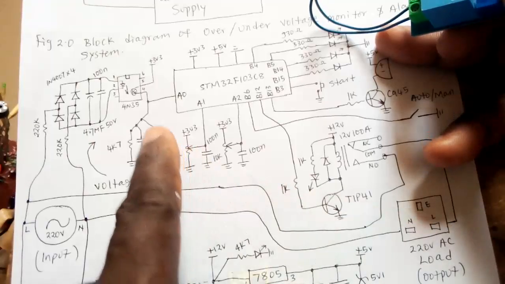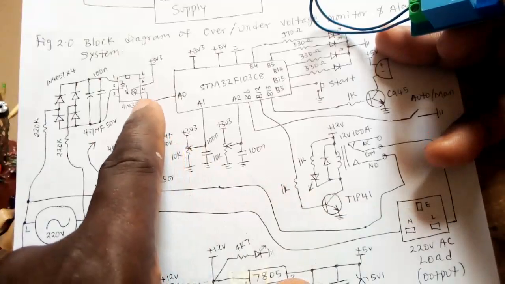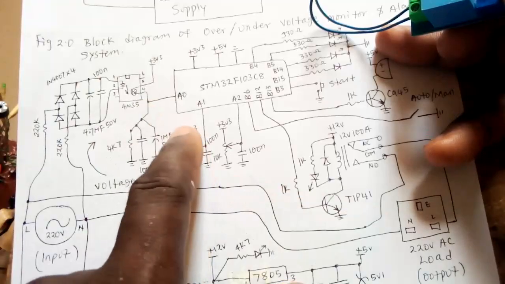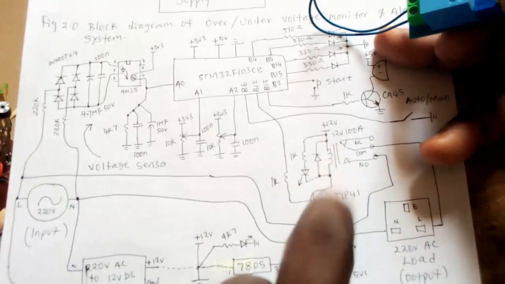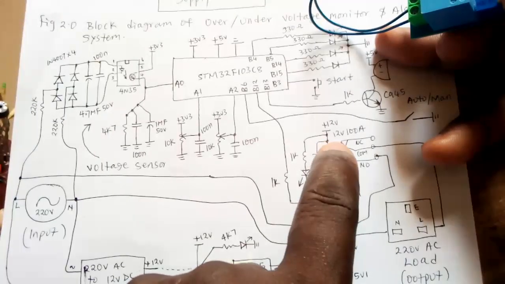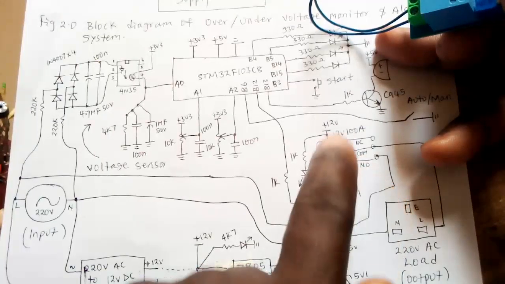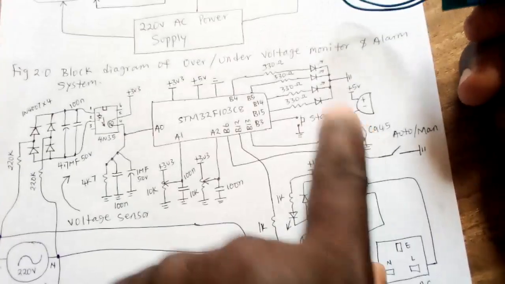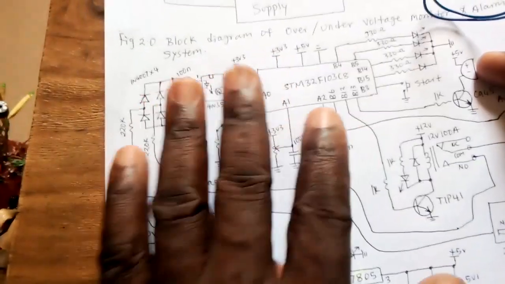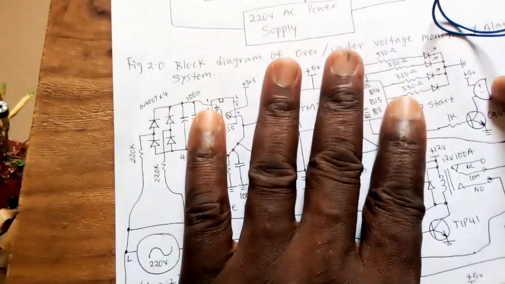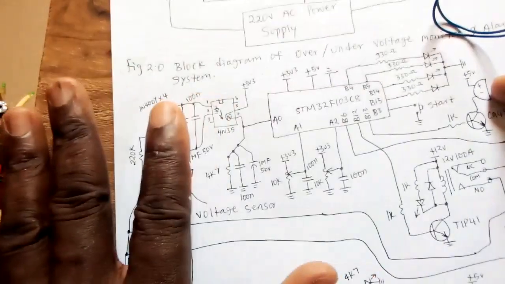But once the voltage goes above the point you have set here, it will turn off the transistor and the relay will go back to its original state, and then the buzzer, the alarm, will start to sound, and some LEDs will also be blinking. You understand? That's how I've developed and programmed it, and it's working exactly the way I've said.